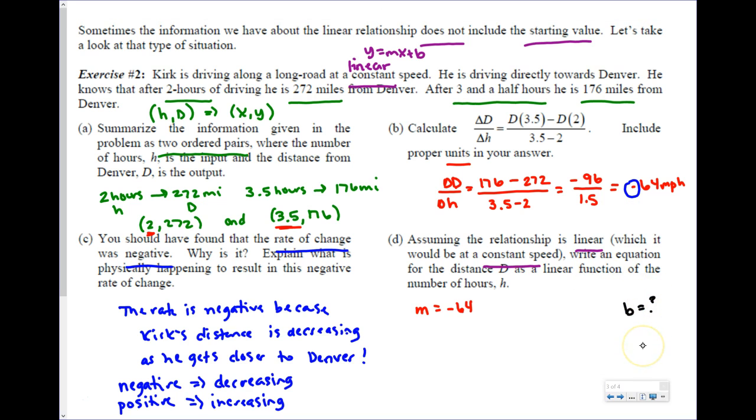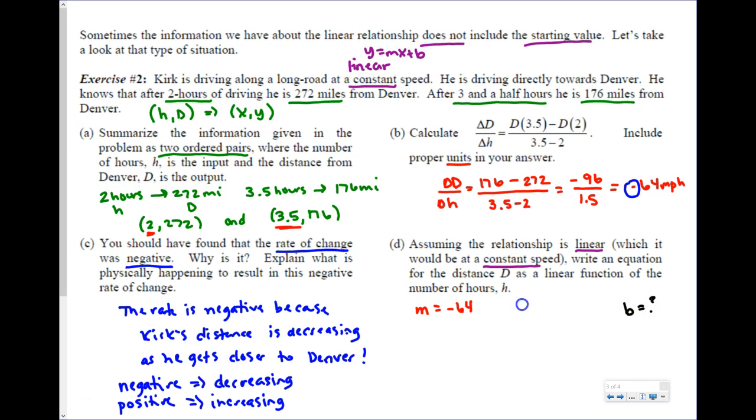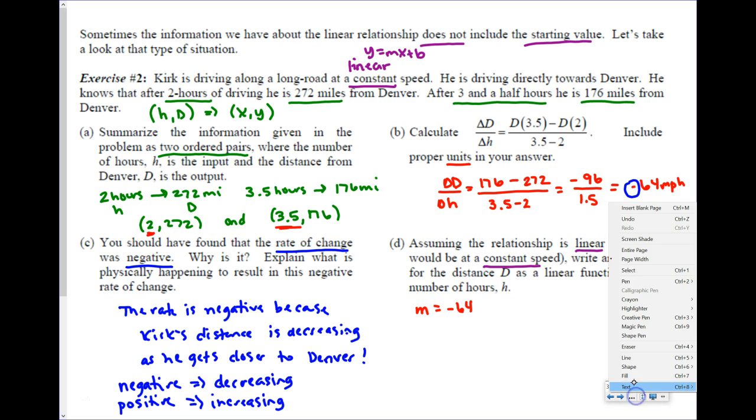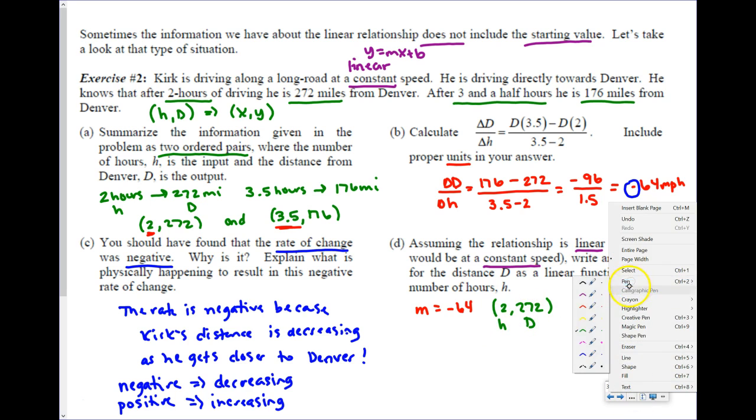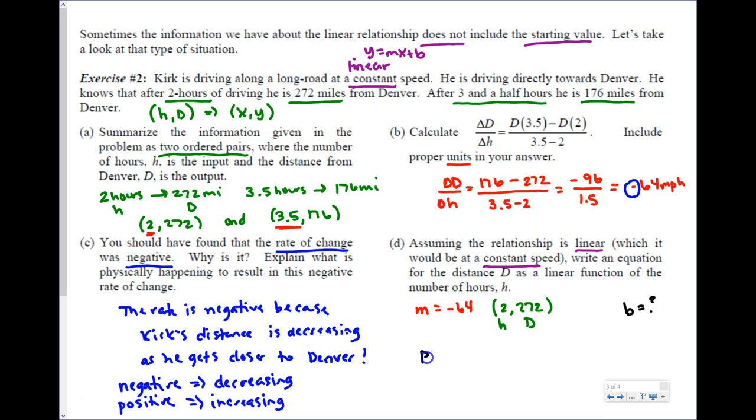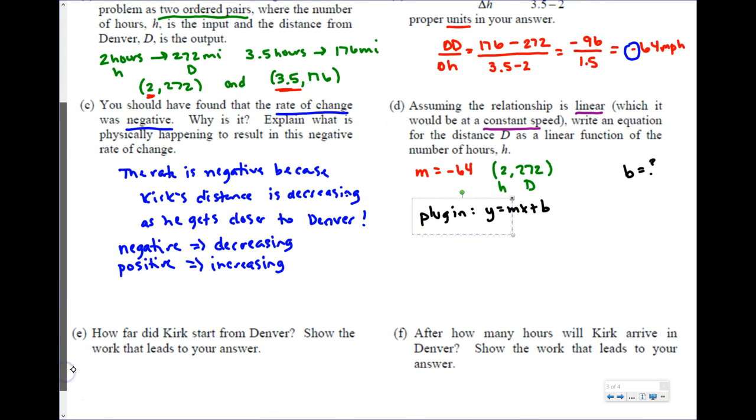So like in previous problems before, we've had to use 2 points to help us do the math here. So I'm going to pick 1 point from the beginning. I'm going to pick the first one, (2, 272). The 2 is my h, and the 272 is my d. So now I can plug into y equals mx plus b, and I can find what my missing b value is.